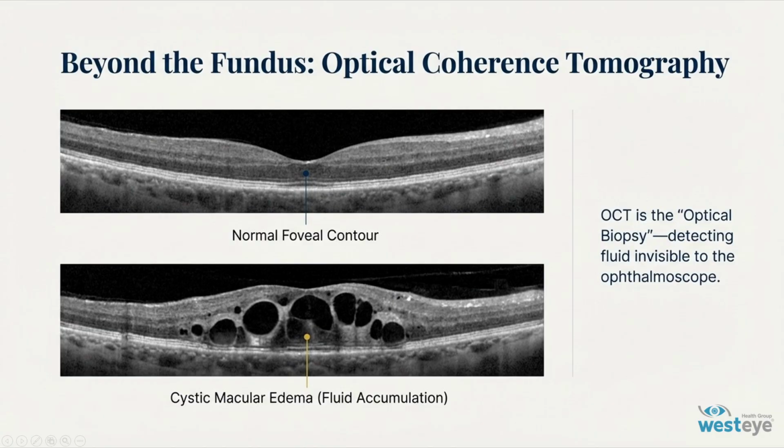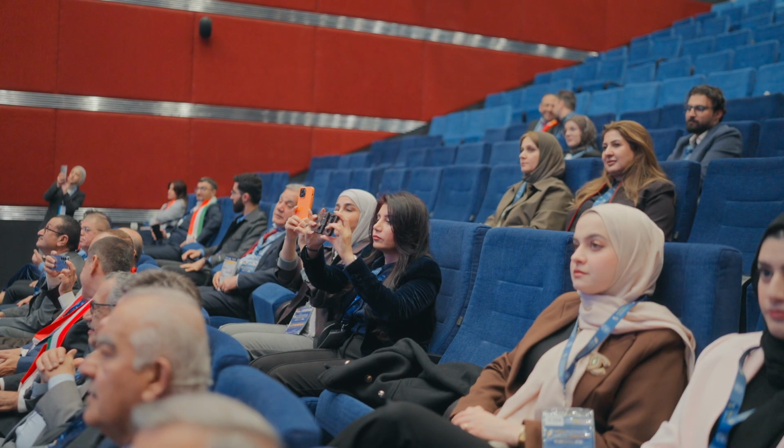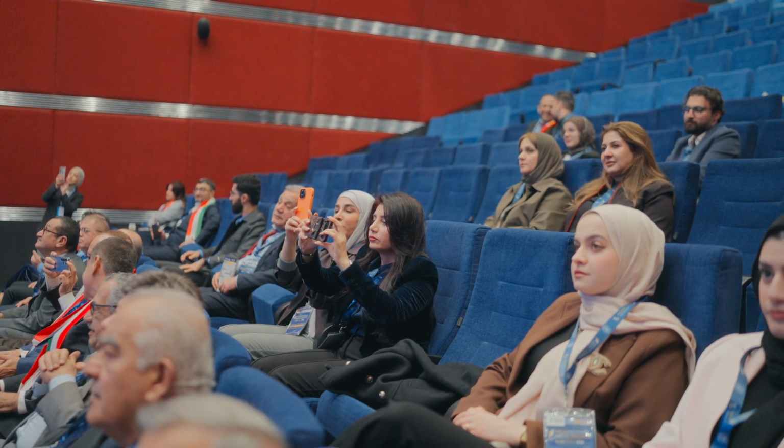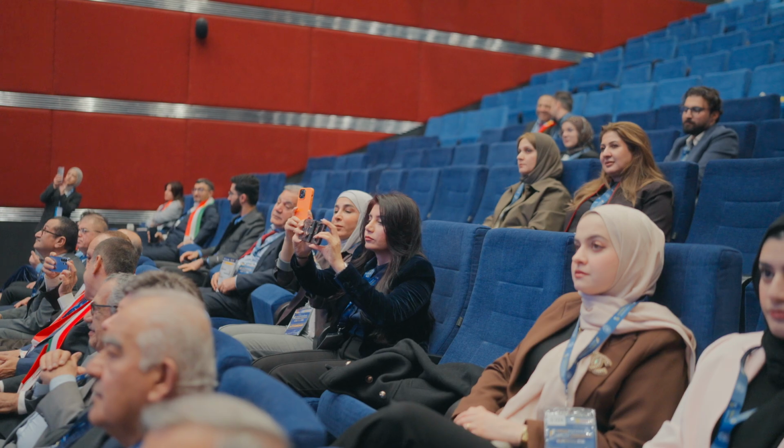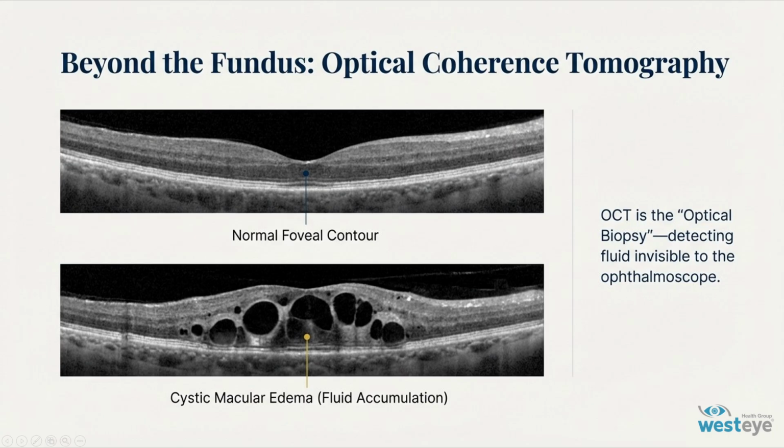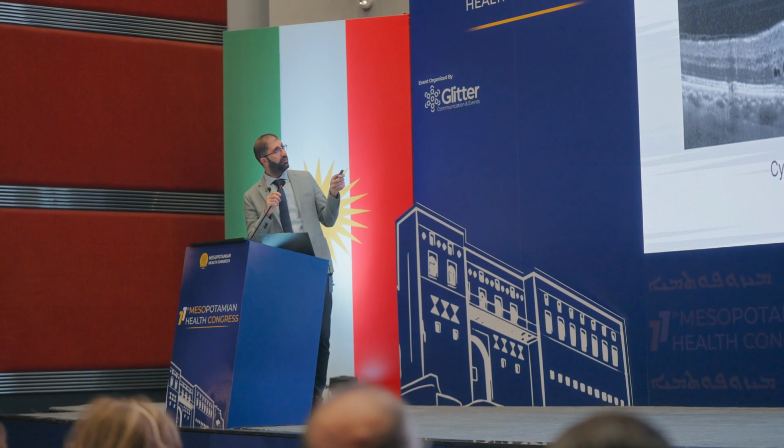We are not able to see the macular edema always by just direct ophthalmoscopy. Because of that, we are using optical coherence tomography. We are calling it OCT, and you can think of it as an optical biopsy. On the upper side, you see an example of a normal OCT, and it shows a nice smooth dip because it's a normal foveal contour.